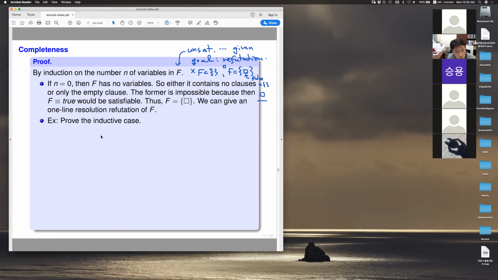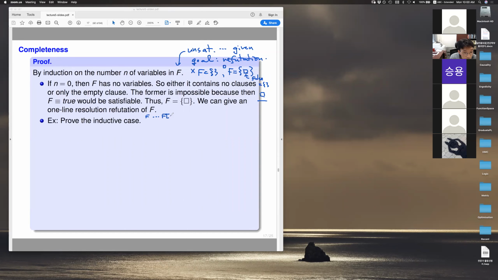So think about how to do the inductive case. Let me give you some hint. The induction is over the number of variables, so given a formula F, you should be able to construct something which decreases with respect to this measure of the induction. We have to construct something over which we can apply the induction. Consider two things you can do.